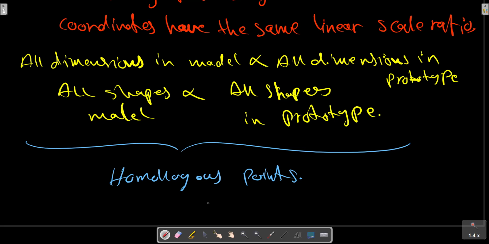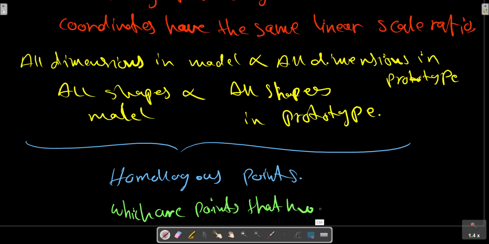Homologous points are points that have the same relative location.